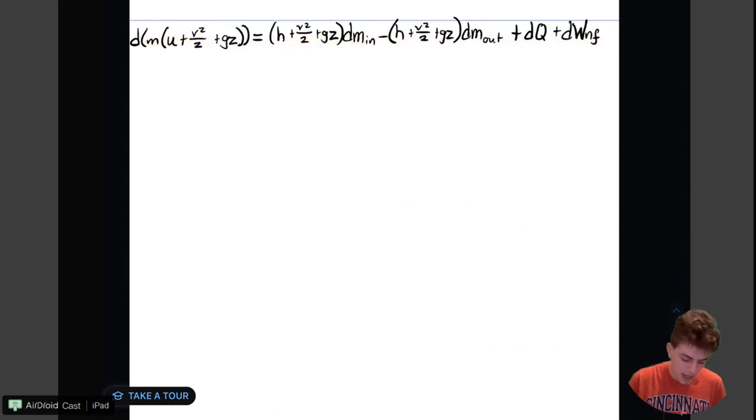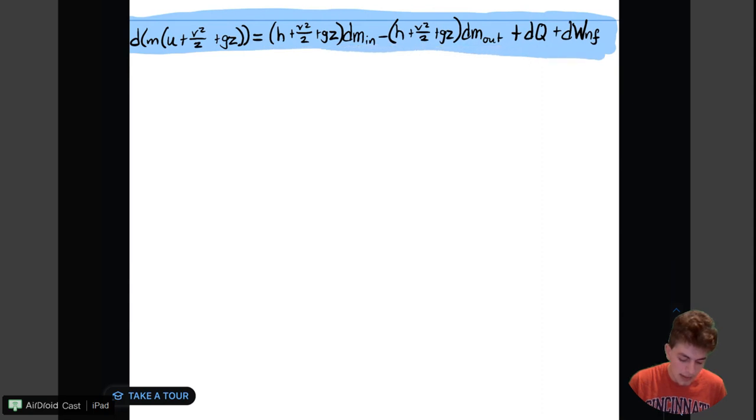I'm going to highlight it in blue, because this will be the energy balance that I will be referring to for the rest of this video. So if I say general energy balance, this is the equation that I am referring to. And this works, again, for really any general flow system, whether or not the liquid is compressible.